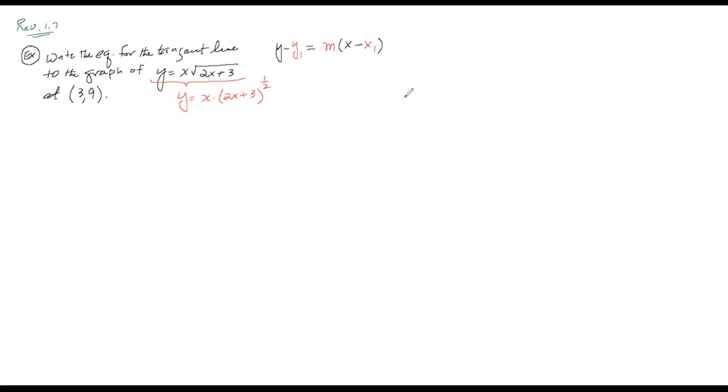Do you remember how to find the m? The slope. Which is to do what? The derivative, and then you plug in x. Correct. The derivative at x equals 3. Exactly right. Okay. Go ahead. You continue, please.